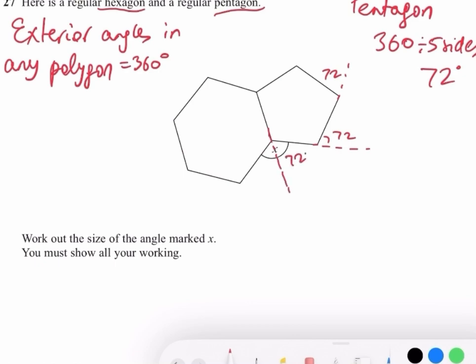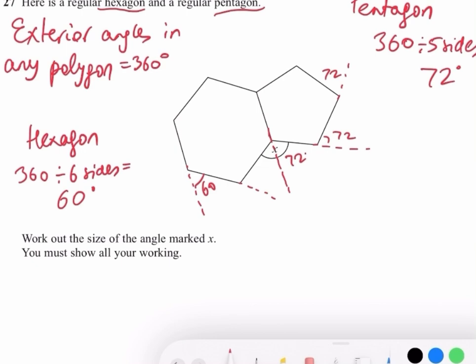There are 5 angles in a pentagon, and for the hexagon we're going to divide 360 by 6 and find the exterior angle in the hexagon, which is 60 degrees. Here it is.